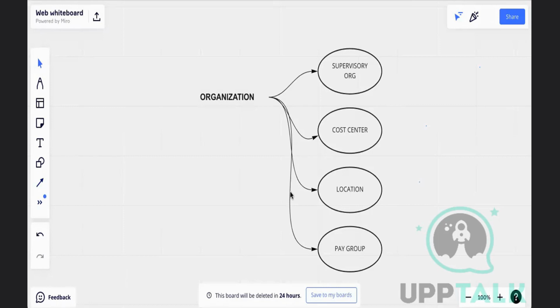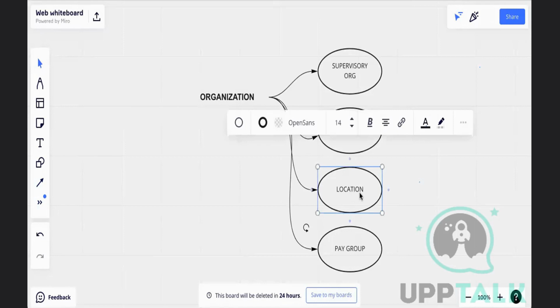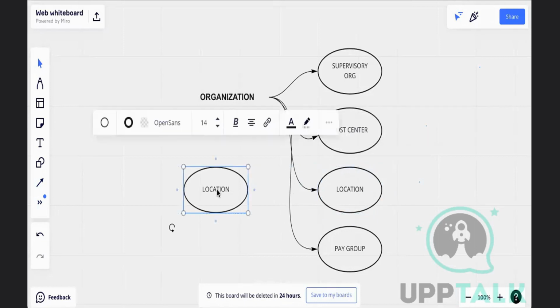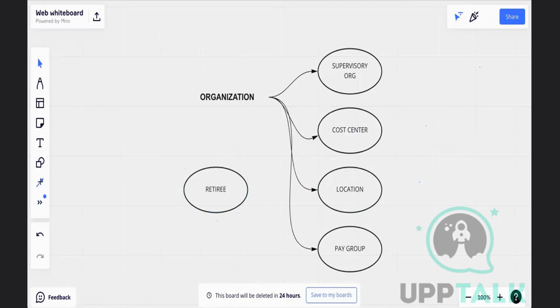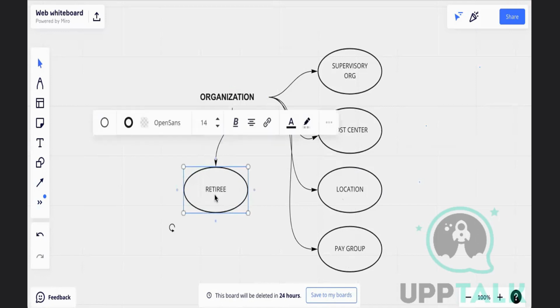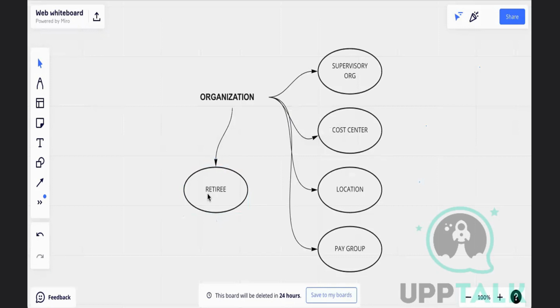Another type of organization I'll mention is called retiree. Now, this organization is Workday provided. Though all of these types are Workday delivered, we create them. In the case of retiree, we don't have to create anything. This is a self-created organization by Workday. And anytime you know what a retiree is, right?